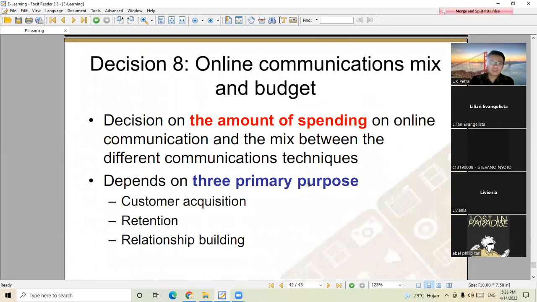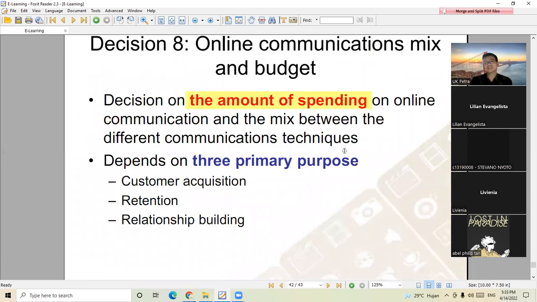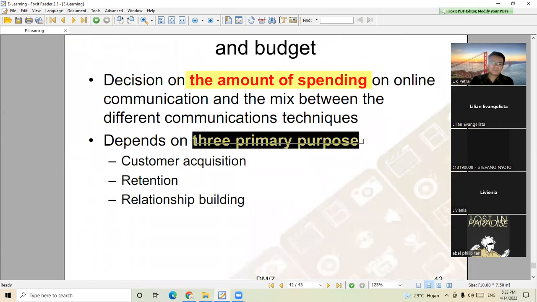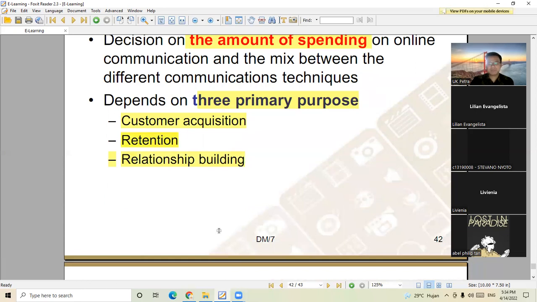Decision 8, the online communication mix and budget, is the decision on the amount of spending. On decision 8, we are talking about the budget, the financial part. And the budget depends on three primary purposes: customer acquisition, retention, and the cost to make customer relationship management better.